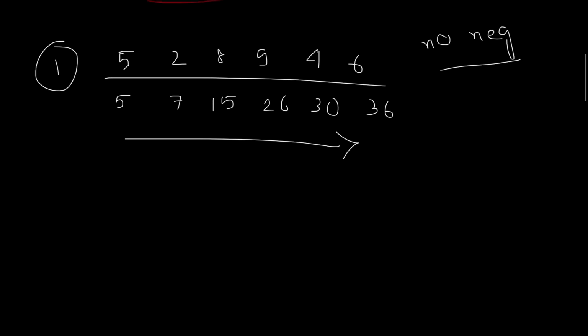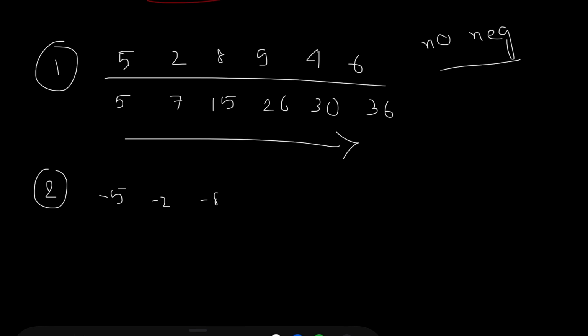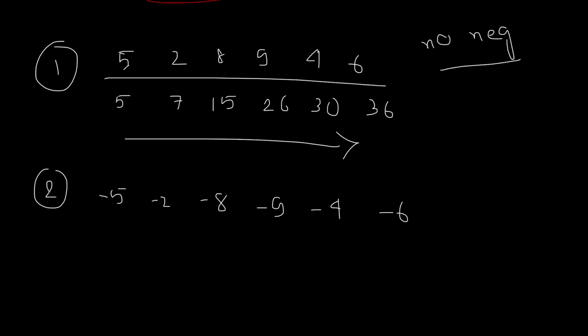The next case is, let's say we are given an array which doesn't contain any positive integers. Let's say I take the same array in negative form: minus 5, minus 2, minus 8, minus 9, minus 4, and minus 6.